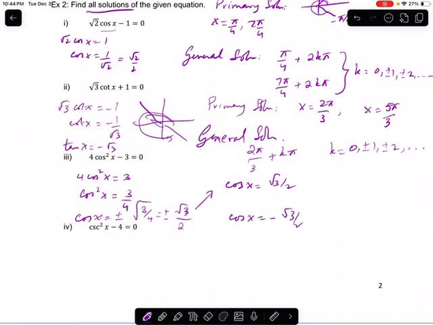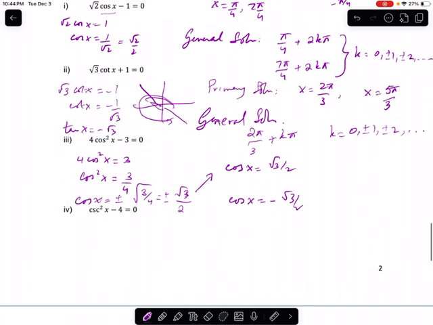So from here the primary solutions will be x equals, so this happens when x is pi over 6. So pi over 6 is cosine positive, so the next angle will be in the fourth quadrant, which is 11 pi over 6.